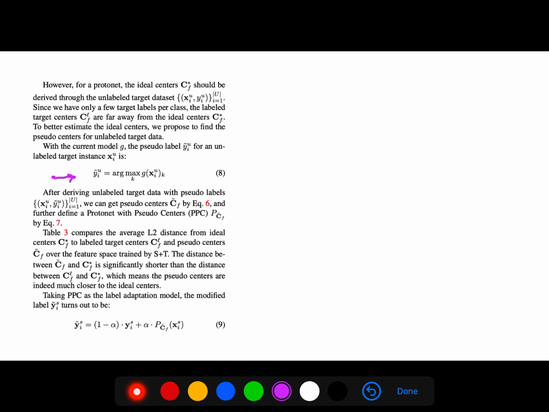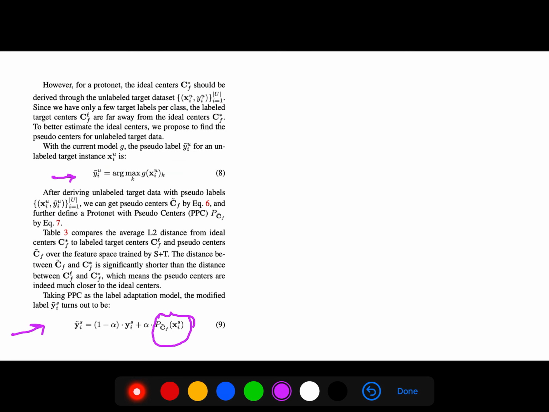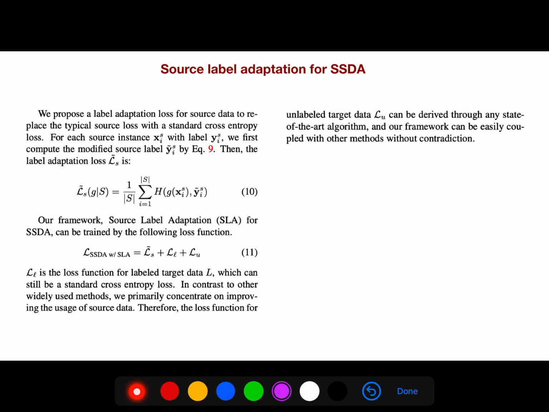After deriving unlabeled target data with pseudo labels, we can get pseudo centers and further define a protonet and protocenters. Then the modified label is again, instead of the modeling that we promised in the previous slide, this one. We replace it here, and then now we have the modified labels.